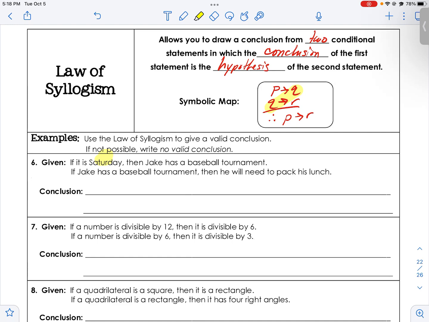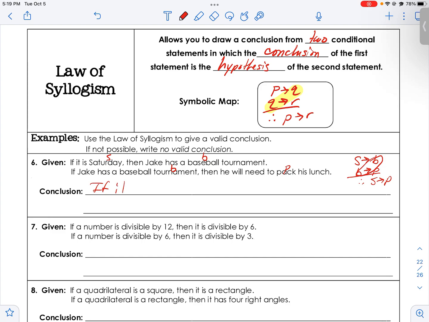So let's look at number 6. If it is Saturday, then Jake has a baseball tournament. If Jake has a baseball tournament, then he will need to pack his lunch. Let's go with P for pack. So if S, then B. If B, then P. Therefore, we can connect through the B's.